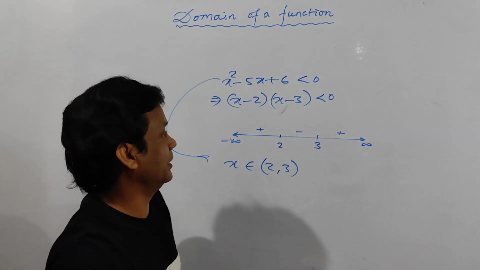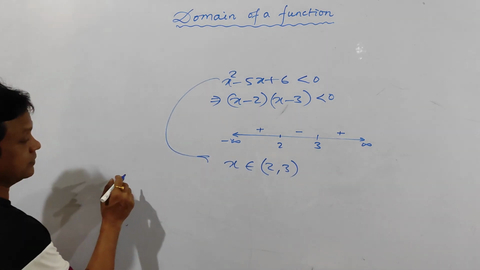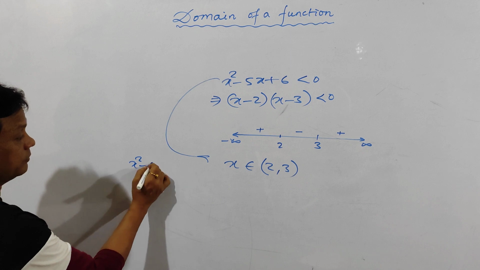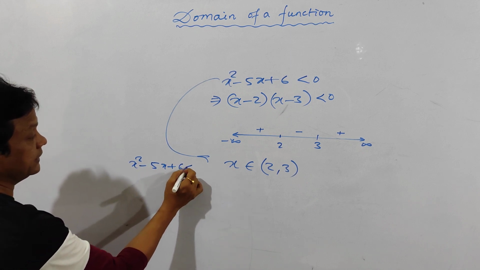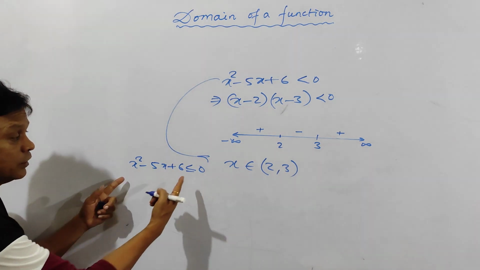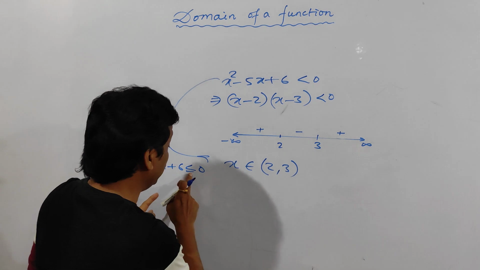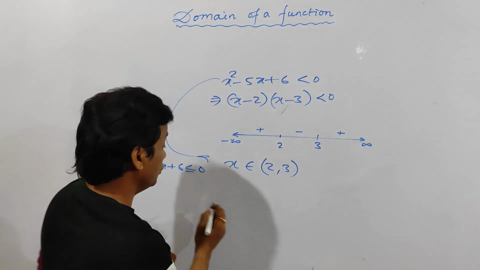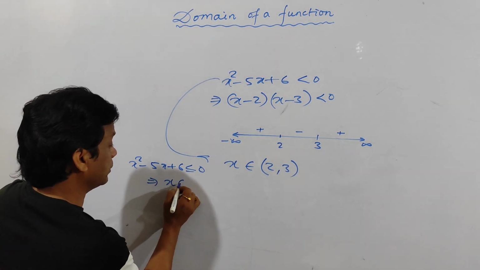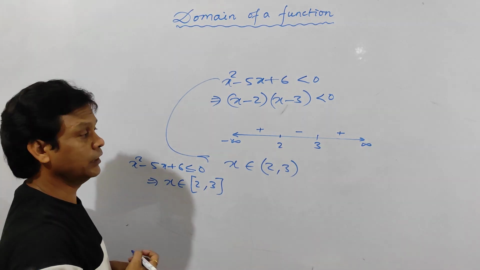Clear? See here, another. If the question is x square minus 5x plus 6 is less than or equal to 0. Same expression. Less than 0 means in between these two, and equal to 0 means 2 and 3. So here x belongs to the closed interval [2, 3]. Clear?